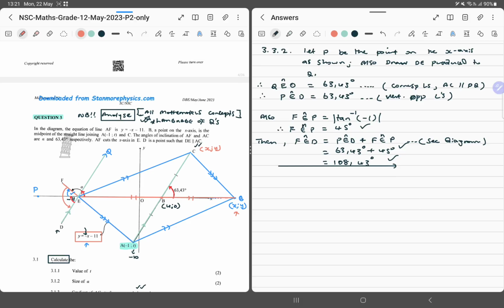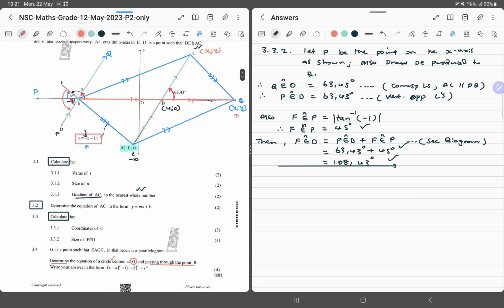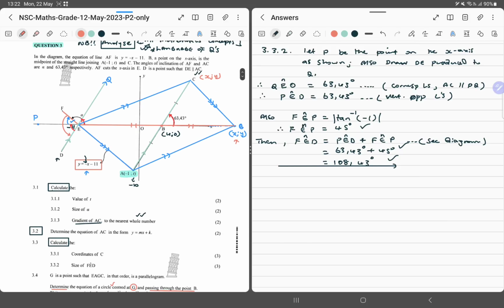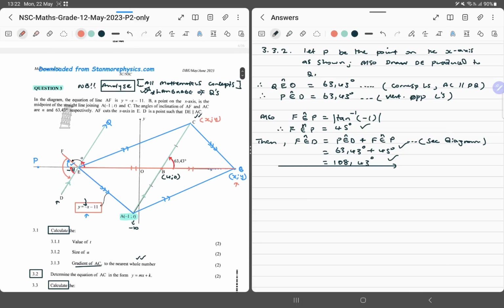We already know the coordinates of B. But at no point did we calculate the coordinates of E. So we're going to need the coordinates of E. And we also found the coordinates of C. Could they help us? Could the coordinates of C assist us?